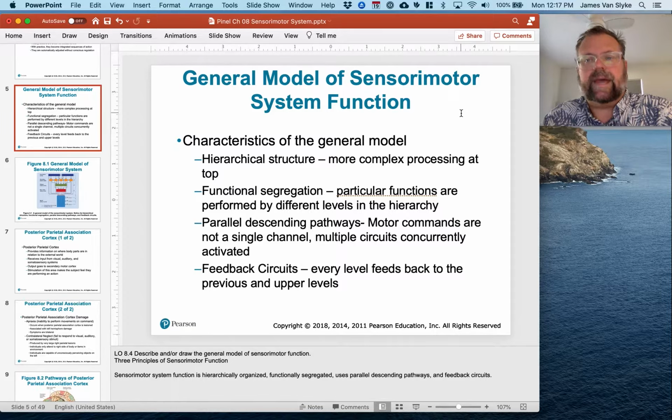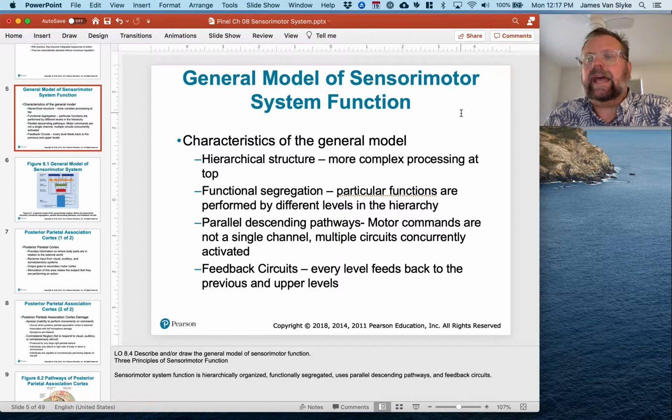So the motor commands that are coming down from the association cortex are not coming down a single channel, but several different channels or several different neural networks are actually contributing to the ability to do different kinds of motor tasks. And so multiple circuits are working together at the same time to produce the actions that we have.